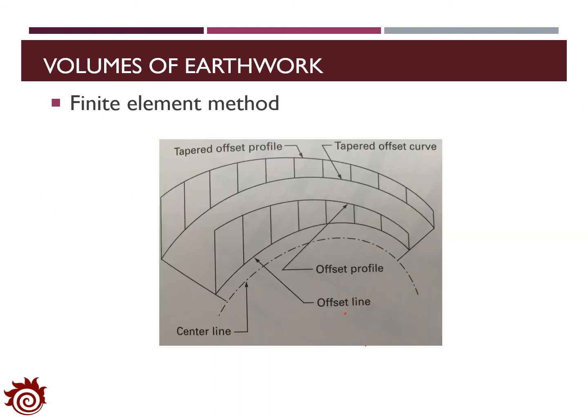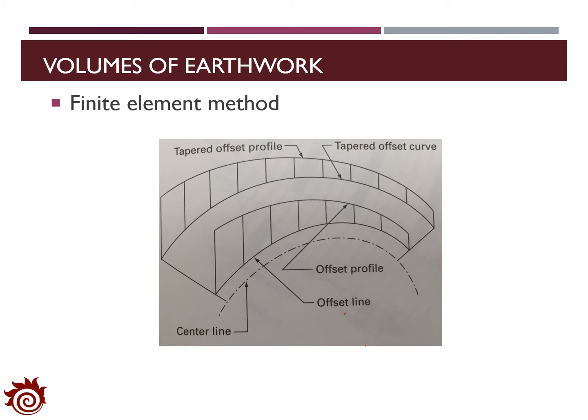The previous two methods are approximations for the estimation of the volumes of the earthwork. If the road condition is very complicated and the ground is irregular, we have to introduce the finite element method for the estimation of the volumes.